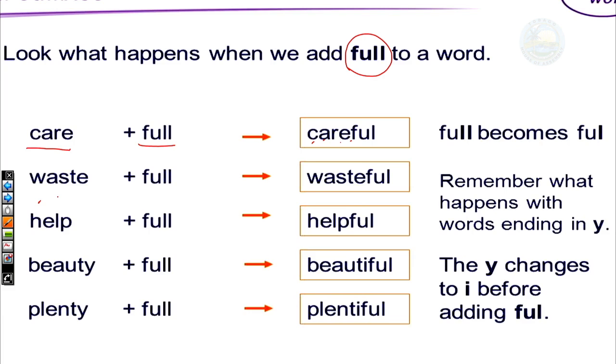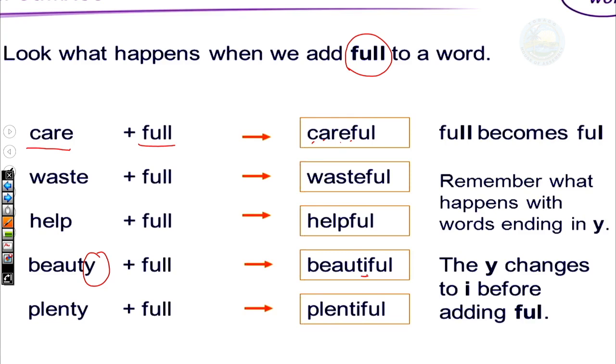Now, let us look at the word beautiful. Beauty plus full. What do you think will happen when we add the word full to beauty? Yes. First, the Y is changed to an I. So we change Y to I before adding the full.